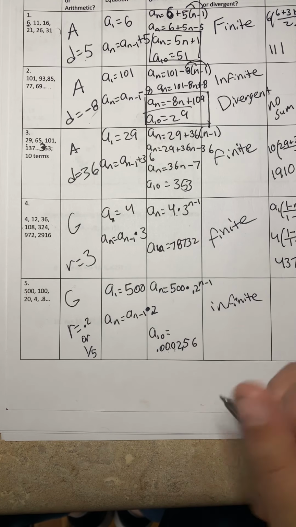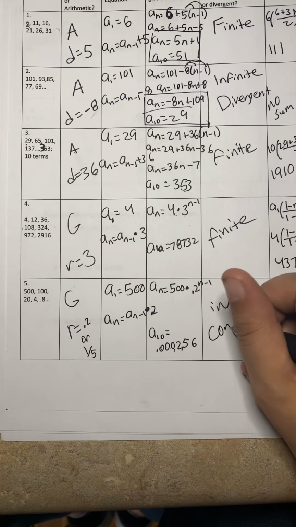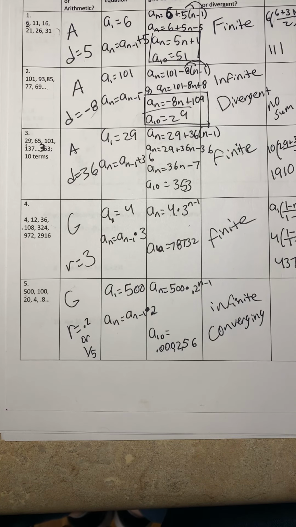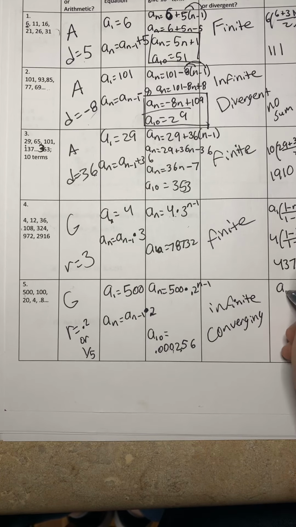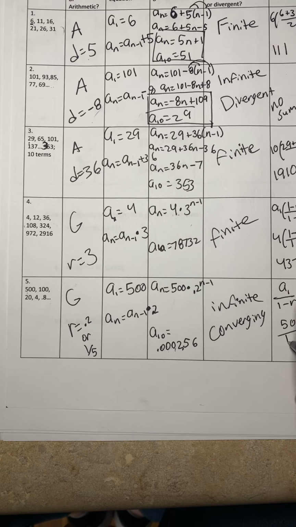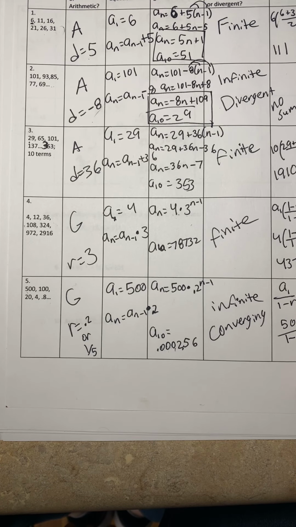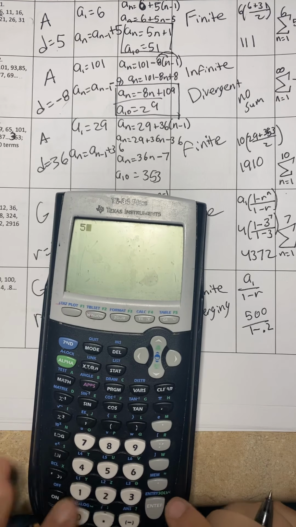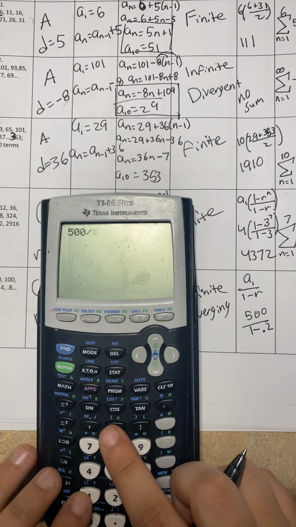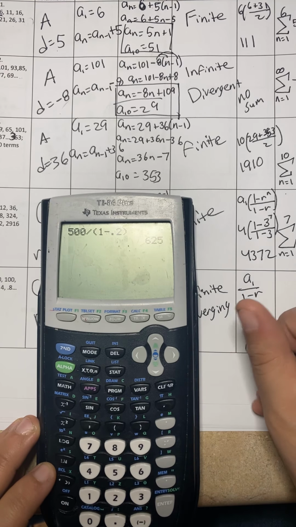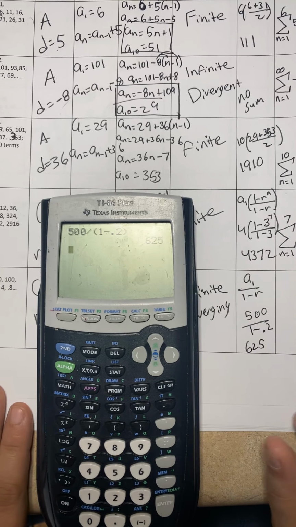So this is converging, which means I use the equation a sub 1 divided by 1 minus r. So my a sub 1 is 500 divided by 1 minus my ratio, which is 0.2. So 500 divided by 1 minus 0.2 gives me 625.